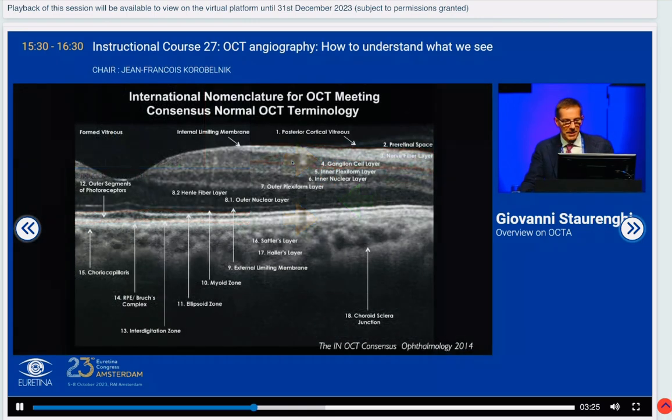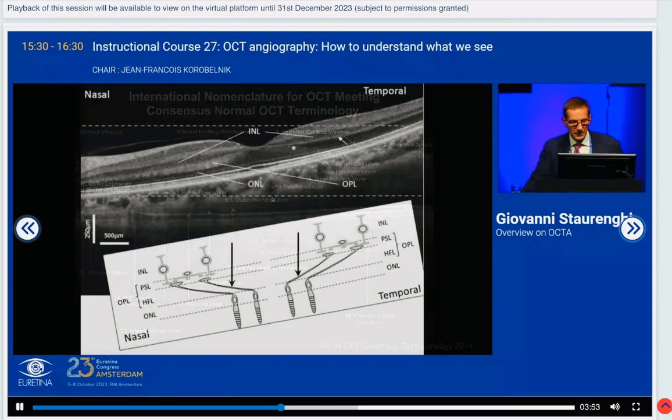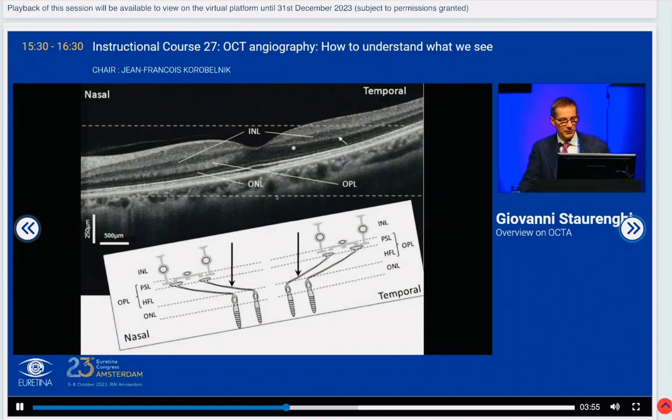You probably remember that if you look at the OCT, the nerve fiber layers are only visible if you tilt the B scan so that the light is more perpendicular to the fibers that are oblique. Because of that, you will never see anything except if there is a vessel or that area becomes more reflective. And that is the reason why.